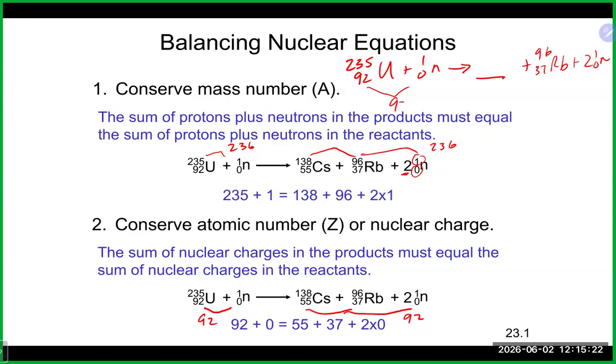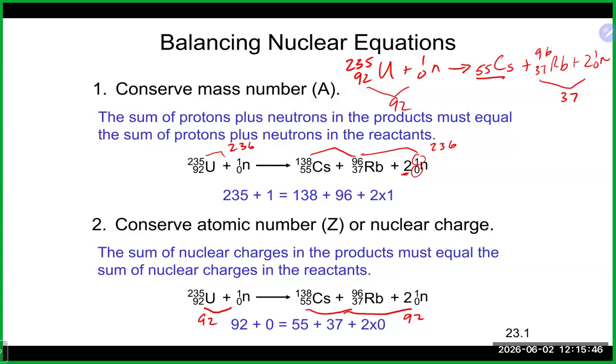Again, we got 92 on this side, and if I do this, we got 37 there. If I subtract those two, that gives me my missing atomic number, which is 55. Because you can find the atomic number on the periodic table, you can go to the periodic table and find number 55, which tells you we are talking about cesium.